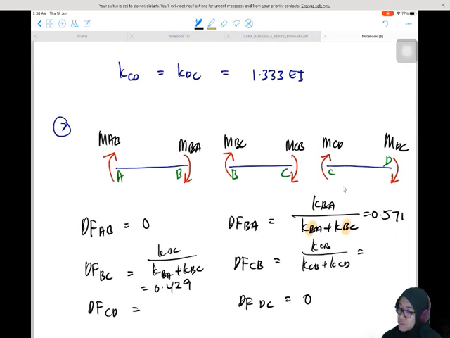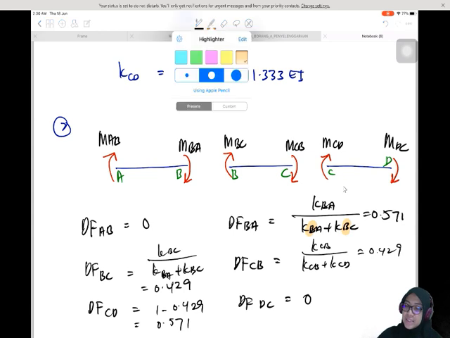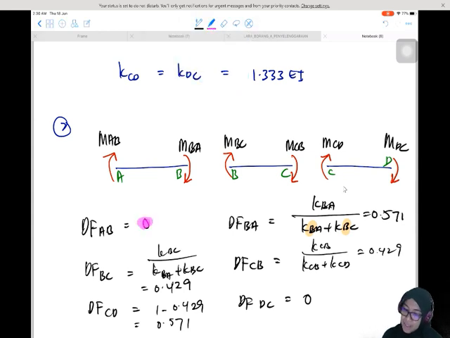It is equal to 0.429. So DFCD is equivalent to 1 minus 0.429 equal to 0.571. So this is the distribution factor for AB.